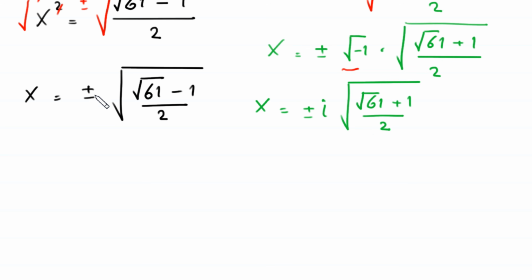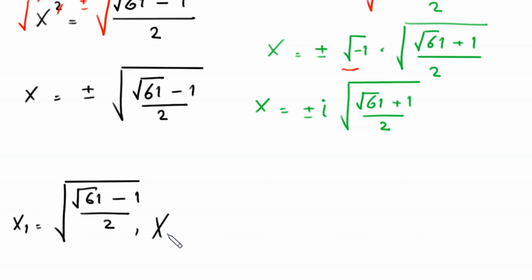So from this equation we get two values of x. x1 is equal to positive square root of root 61 minus 1 divided by 2, and x2 is equal to negative the square root of root 61 minus 1 divided by 2.